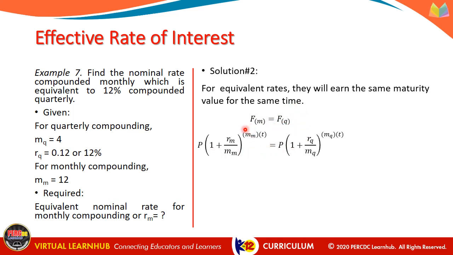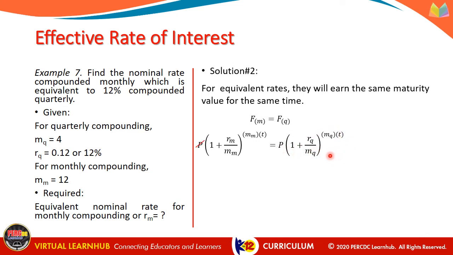Future value F is equal to principal P times (1 plus r over m) raised to mt. On the left side of the equation, we have the future value for monthly compounding. On the right side, we have the future value for quarterly compounding.